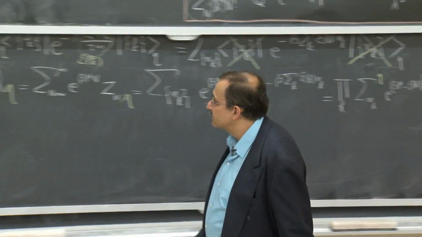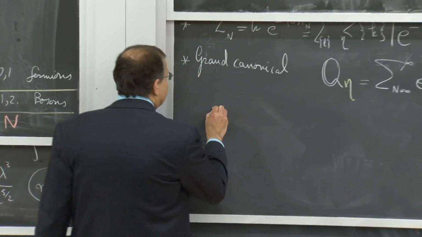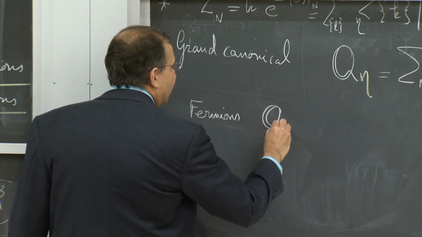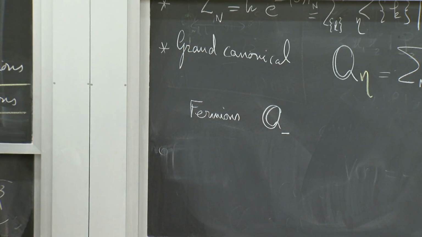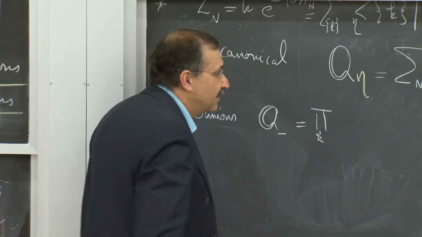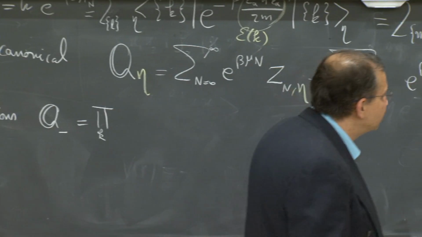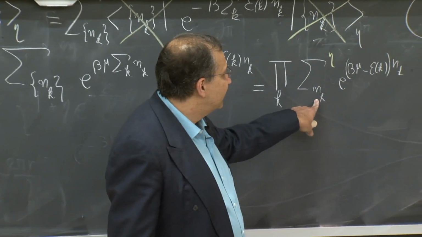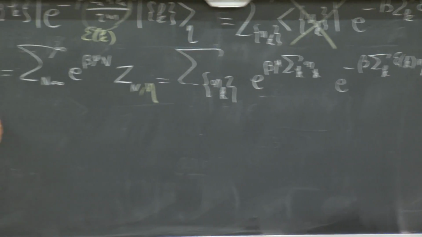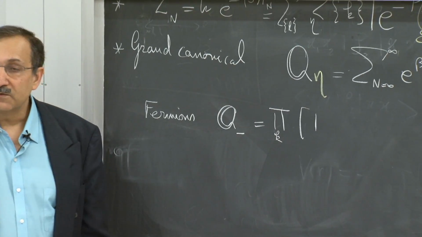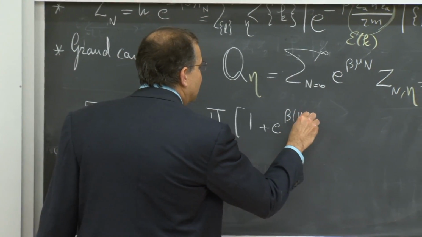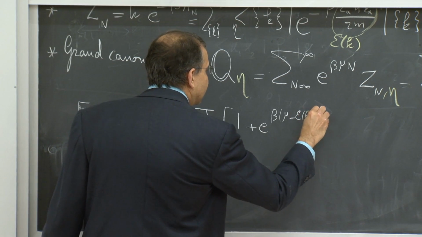So what do I get? For the case of fermions, I have a Q minus, which is a product over all k. And for each k, the nk takes either 0 or 1. So if it takes 0, I will write e to the 0, which is 1. Or it takes 1, it is e to the beta mu minus epsilon of k.